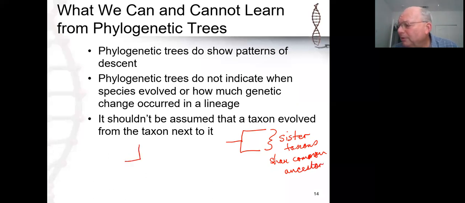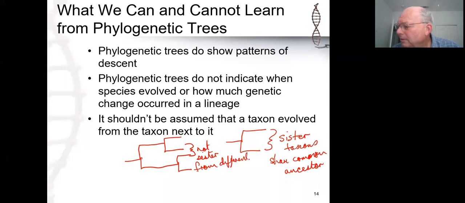If we've got this, these two are not sister because they're from different branch points.